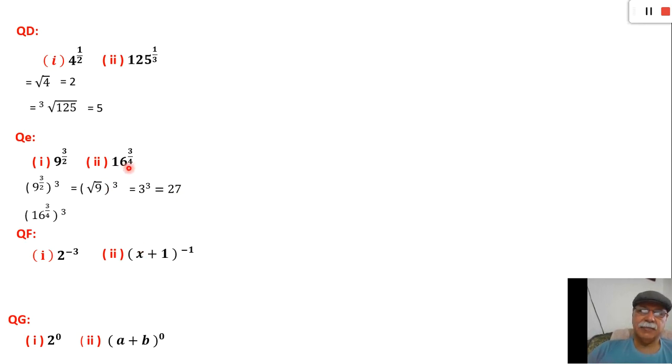So 16 to the 3/4 is the same as root 4. Now you take root 4 because the denominator here is 4. We write it in math language like this: the 4th root of 16, power 3, meaning the 4th root of 16 times the 4th root of 16 times the 4th root of 16, which is 2 times 2 times 2.